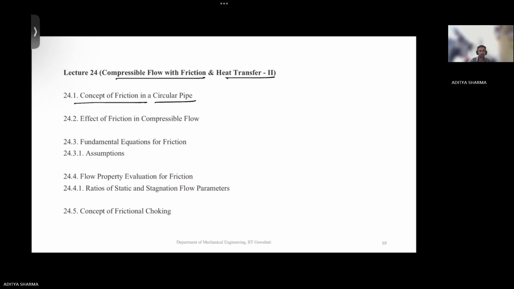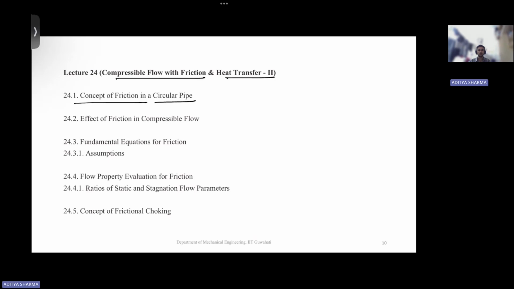So in this topic, this talks about your pressure heads, because of your friction, because of your wall shear.